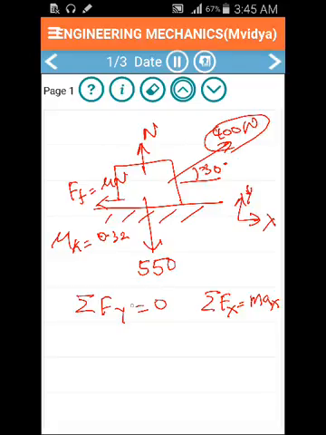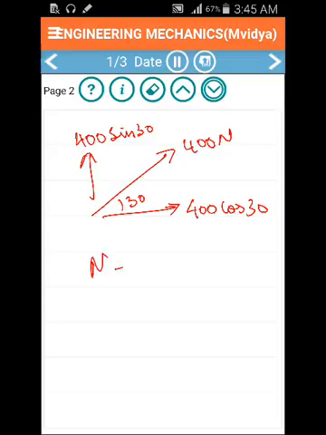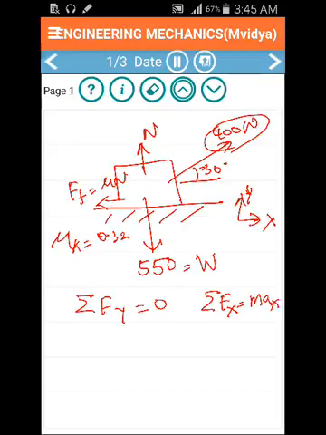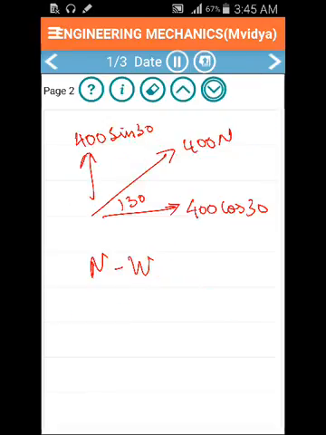So considering the forces in the vertical direction, we have N and 550, which is our weight. N is upwards, positive. Weight is downwards, negative. And the component of the force is upwards, plus 400 sin 30, equal to 0.